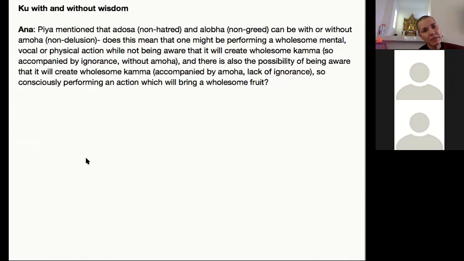And this question was taken by Venerable Revata. What he said is that it's actually very difficult to decide. Only you can find out for yourself if there is wisdom in your bhavanga or not.